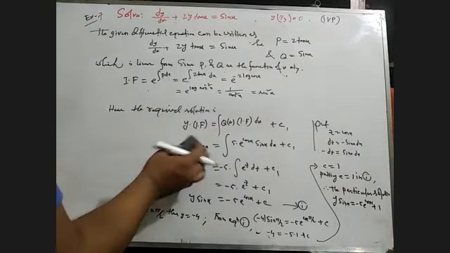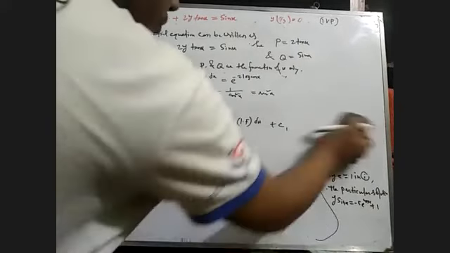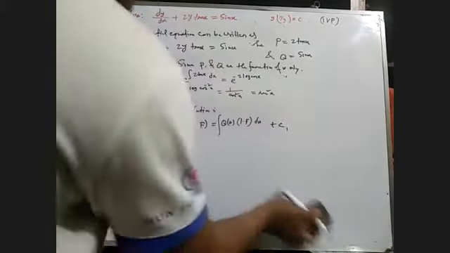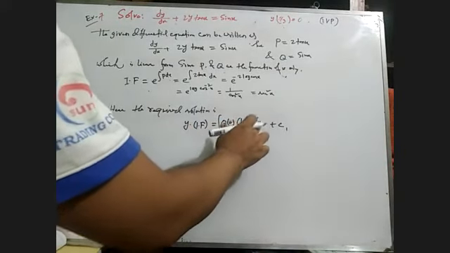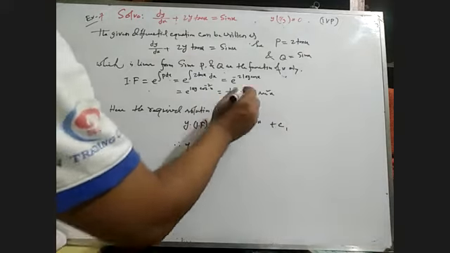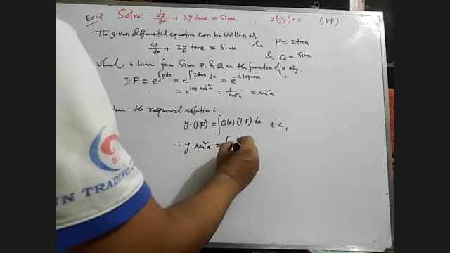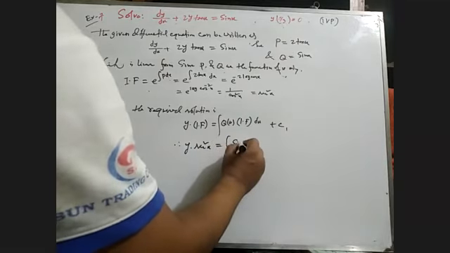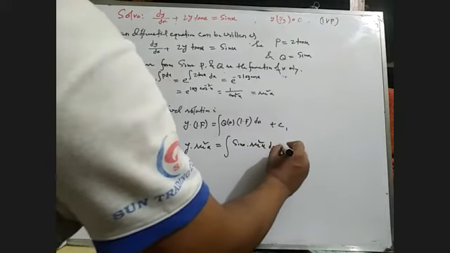So the required solution will be y times the integrating factor equals the integral of q(x) times the integrating factor dx plus c1. Putting the integrating factor as sec square x and q(x) as sin x, we get the integral of sin x sec square x dx plus c1.